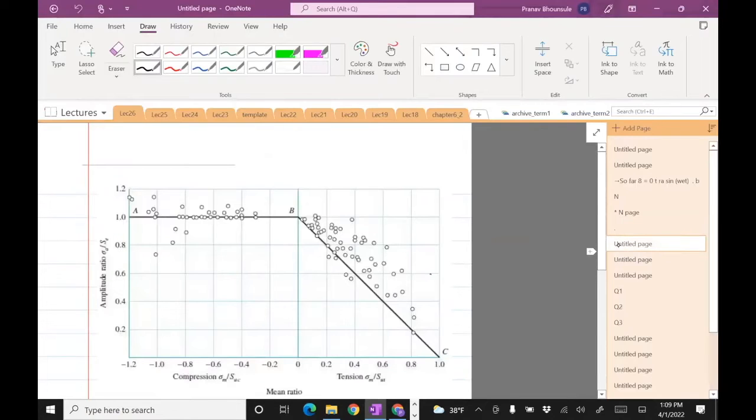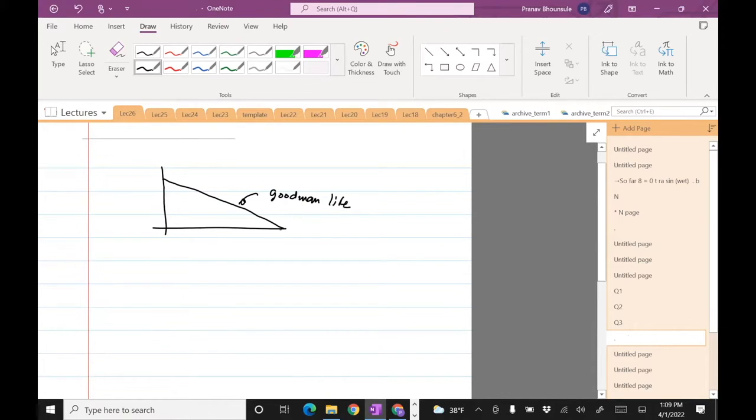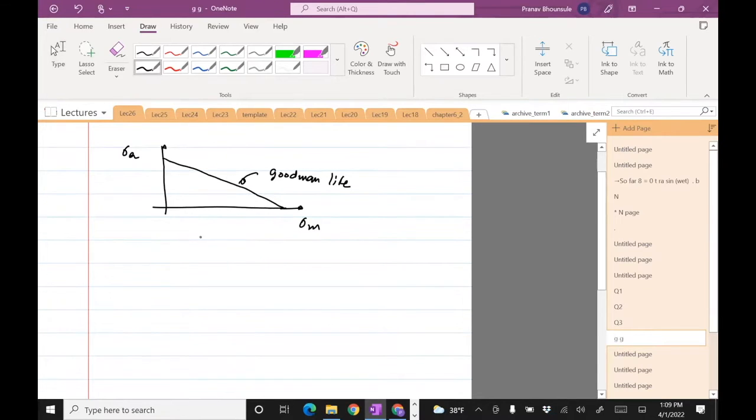Okay, so let's do that. So now that line, the Goodman line with axes sigma M and sigma A. Since the stress at which it fails is modeled as SA and SM, that would be SA divided by SE plus SM divided by SUT equals 1.